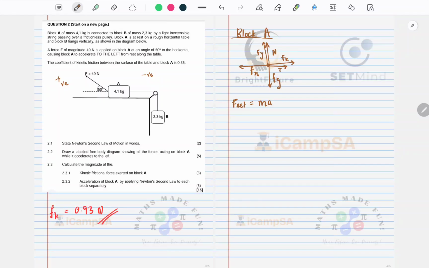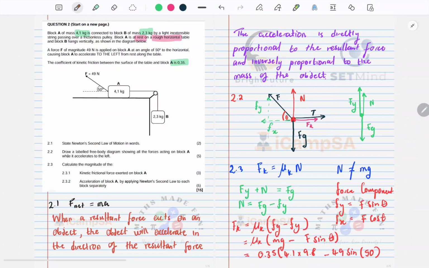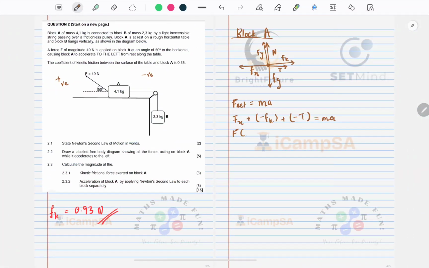So Fx minus Fk minus T, which is our tension, equals ma. Remember, Fx is F cos theta, and we've already got Fk here, so it's not an issue.